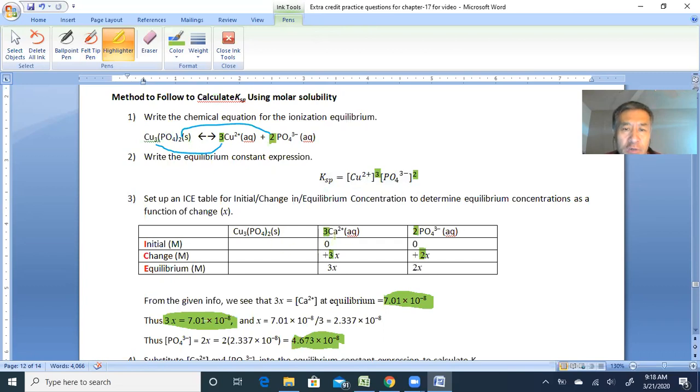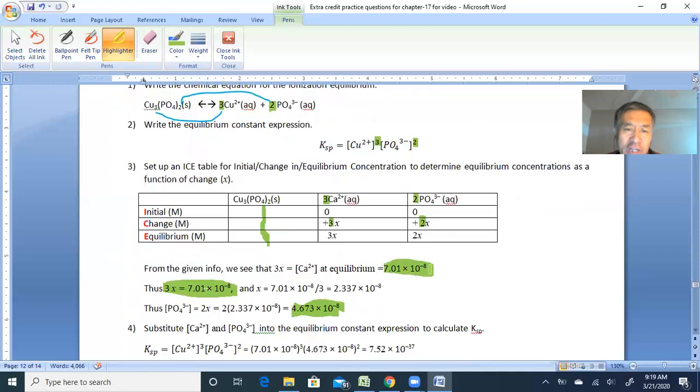Okay, so next we'll use an ICE table. This solid does not appear in this ICE table because the solid concentration is constant. So therefore, we have initial 0, we have plus 3x, plus 2x, then we have 3x, 2x at equilibrium.